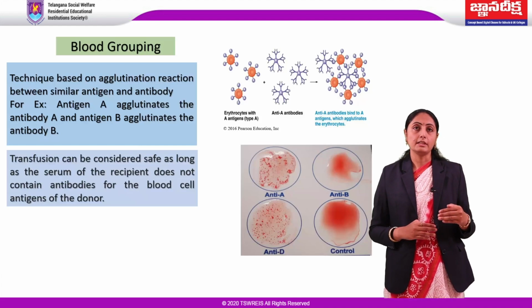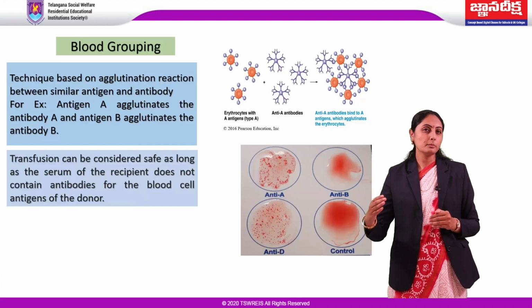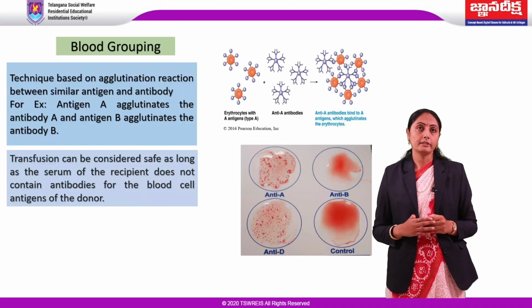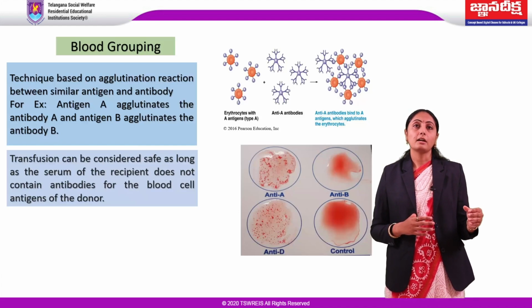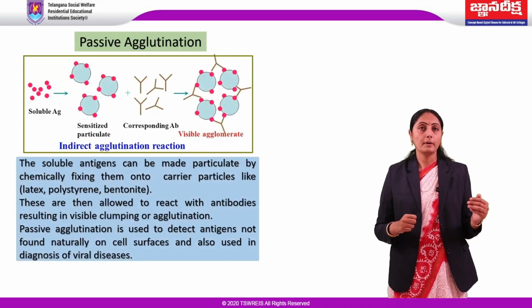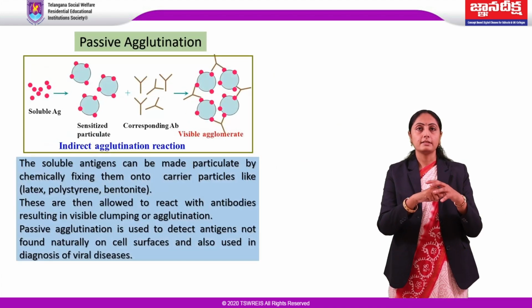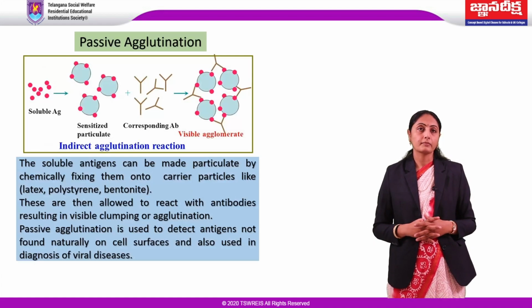The sensitivity and simplicity of agglutination reactions can also be extended to soluble antigens by the technique of passive agglutination. The soluble antigens are made particulate by coating them onto carrier particles like RBCs, latex beads, polystyrene and bentonite.